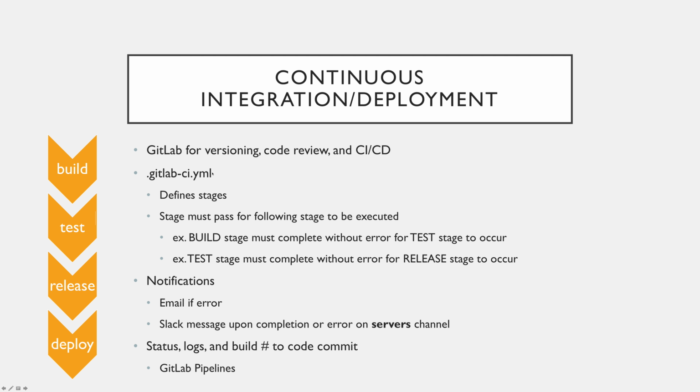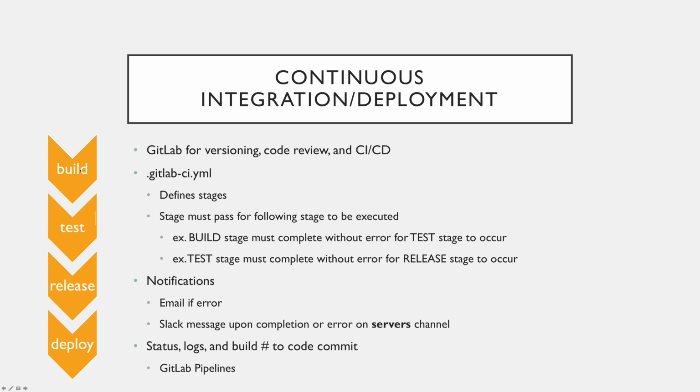gitlab-ci.yaml is the YAML file that's actually defining the continuous integration and continuous deployment environment. It defines the different stages that are being run, which are all listed over here currently. We can add or subtract to those stages as we need to. These stages aren't necessarily processes. There can be multiple processes being run in parallel in each of these stages.